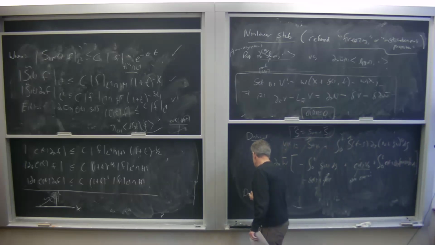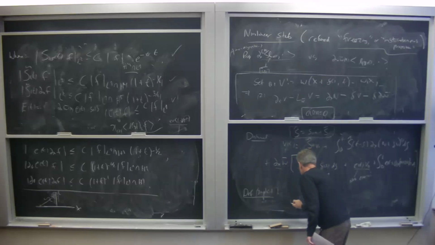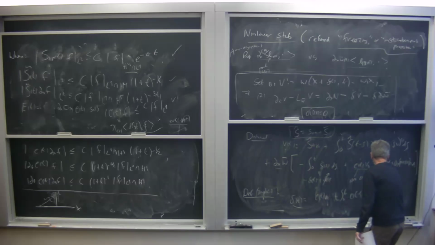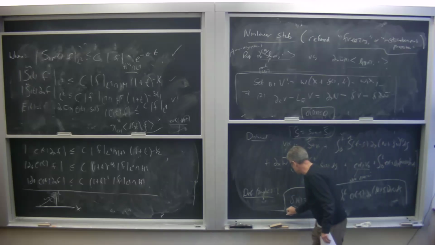So I define, and this is implicit now, not explicit, I'll define delta of t to be equal to all the rest. And I have to show that that makes sense.